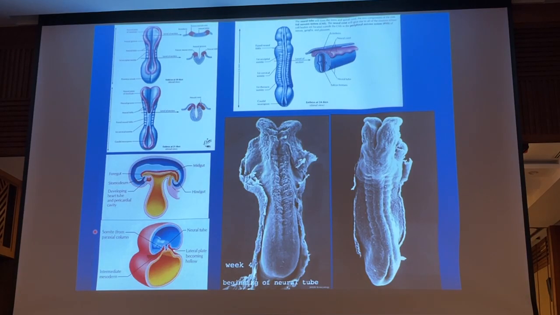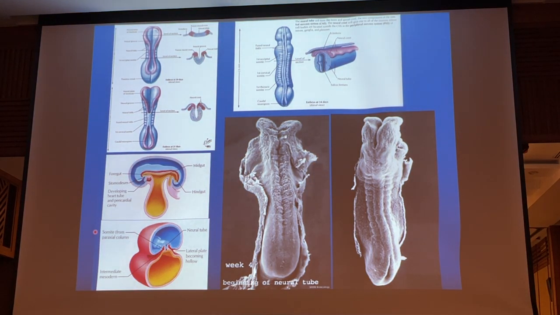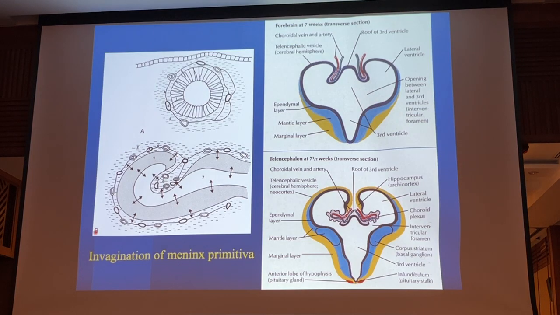As we mentioned before, the neural tube develops. In its initial stage the neural tube was covered by the meninx primitiva, which supplies nutrients to the neural tube. Then the vesicles increased, with invagination of this meninx and development of the choroidal systems.